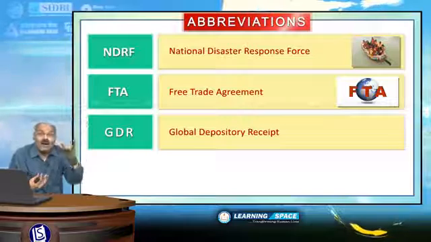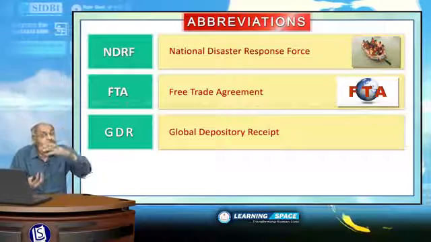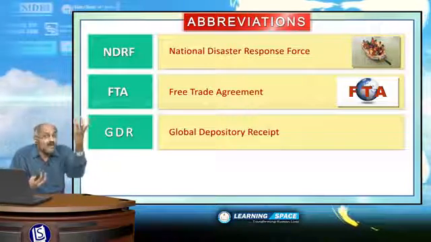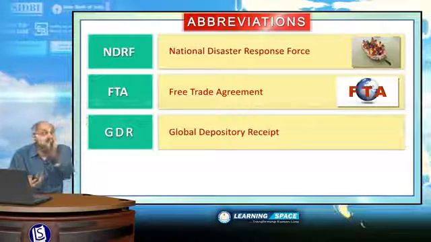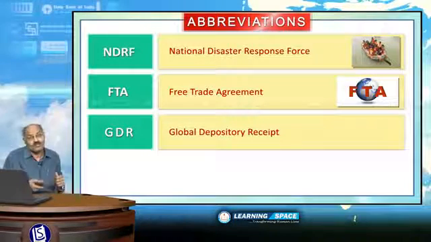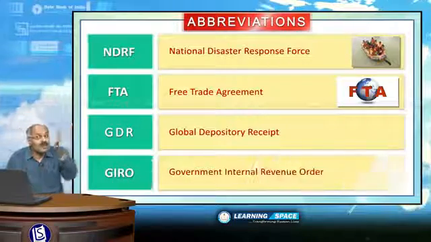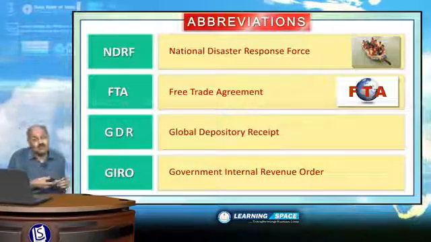Right? ADRs and GDRs convey almost the same meaning, but ADRs are American Depository Receipts and GDRs are Global Depository Receipts.